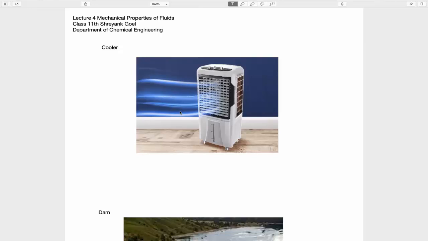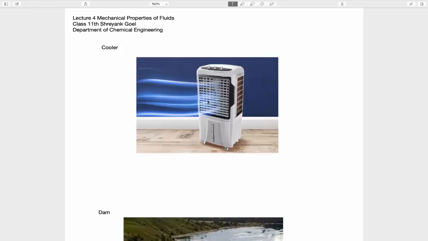But I'm taking this example because fluid is something that exerts a force on an object. With this fan, it's basically forced convection. Don't worry about what forced convection is; it will all come when you go to BTech or anywhere else.